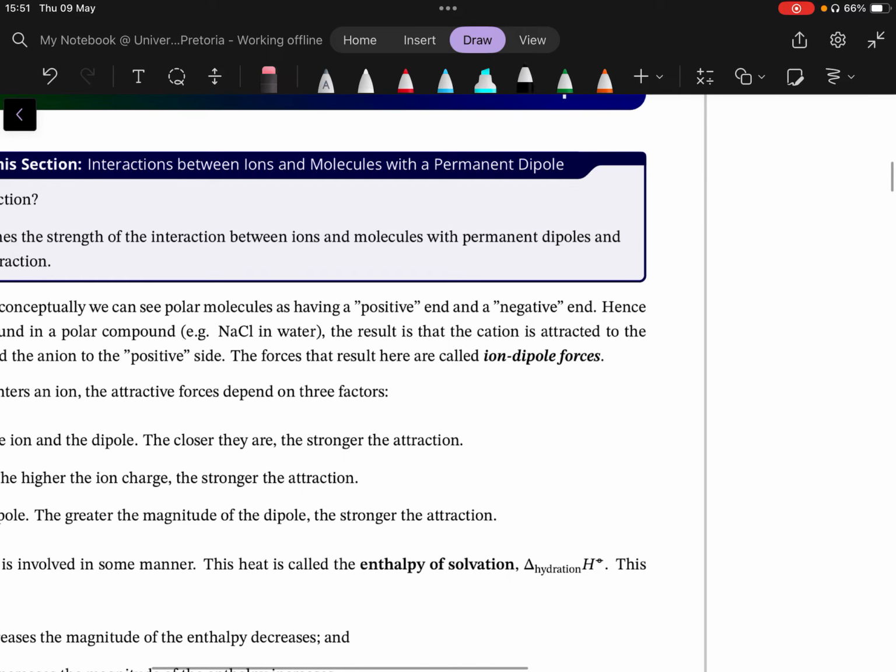The basic example that's always used is sodium chloride. If you dissolve sodium chloride in water, you'll have a sodium ion, and it's in water, so you'll have water around it, usually in a six-membered way. I'm just going to draw four of them.